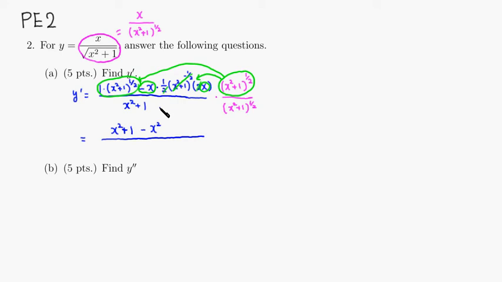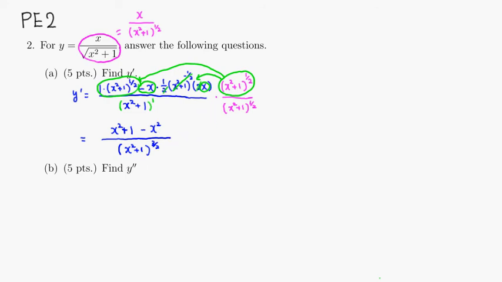Then on the bottom, if you multiply these together, you can think of this guy as x squared plus 1 quantity to the first power. So 1 plus 1/2 power would be 3/2 power. So you would get the quantity x squared plus 1 to the 3/2 power. I'm going to clean up a little bit.